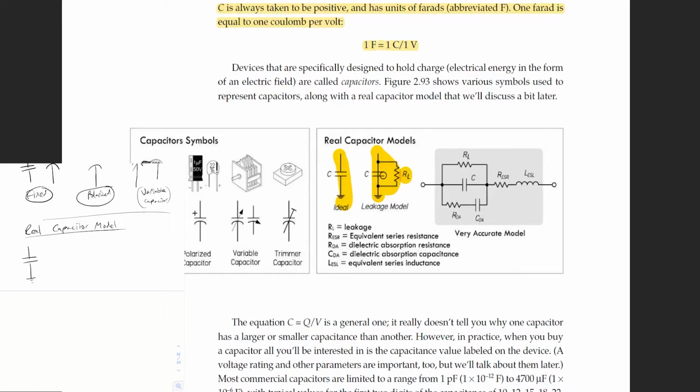You've got the real deal. This is a capacitor. Cross it. RL.